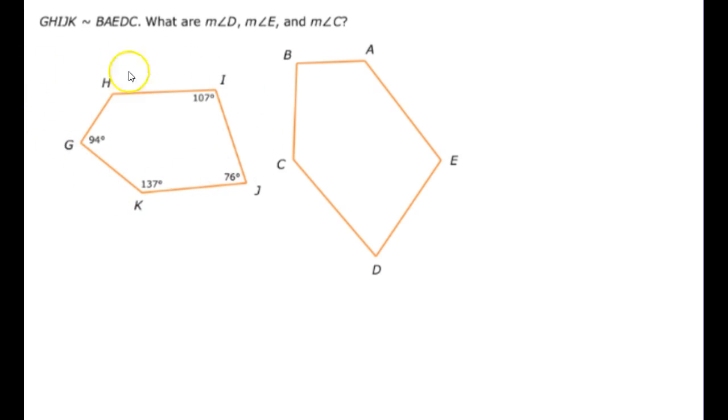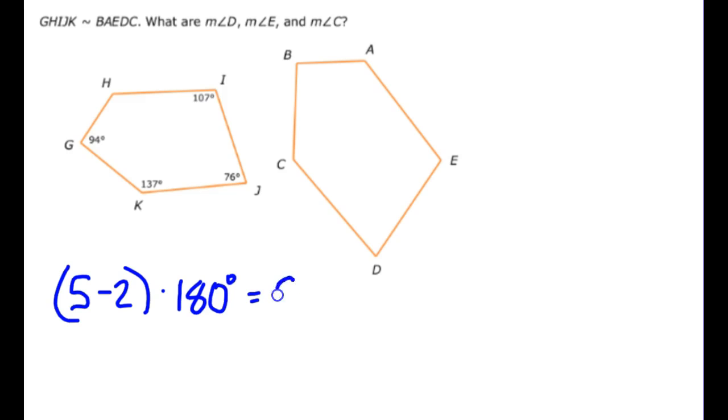First, we should focus on this first pentagon because we know 4 of the interior angles. Using the formula from the last slide, we should be able to find the measure of this missing angle. Because this is a convex pentagon, if we take the number of sides, which is 5, minus 2, and multiply that by 180 degrees, that gives us the sum of the interior angles of that pentagon, which is 540 degrees.